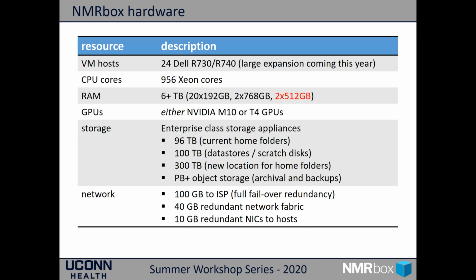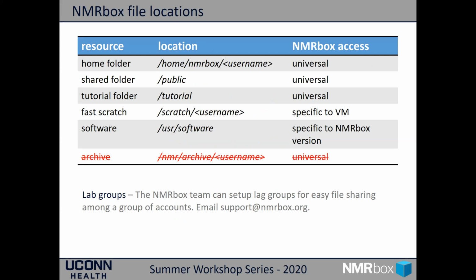We have about 1,000 cores and 6 terabytes of RAM, and GPUs. We have an abundance of enterprise class storage, and very high network bandwidth. We have a 100 gig network connection to our ISP with failover, and we have a 40 gig redundant network fabric in our data center. So from a network point of view, we are very well equipped.